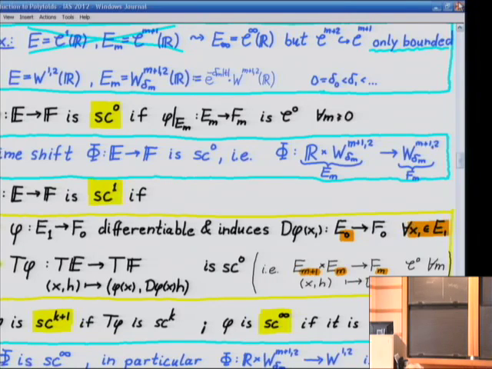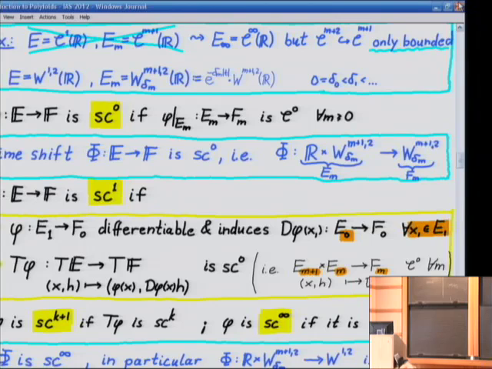So TE is E0 times E1 with scale structure EM times E1 times E0, with scale structure EM plus 1 times EM. So this is the vector, and this is the base point.